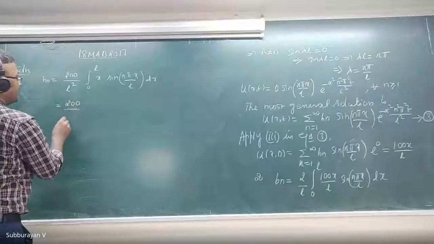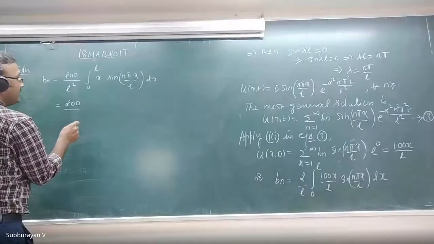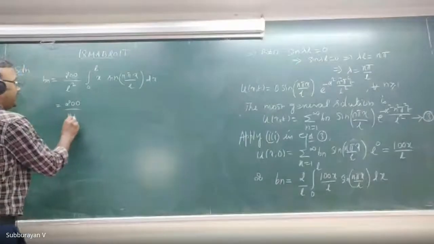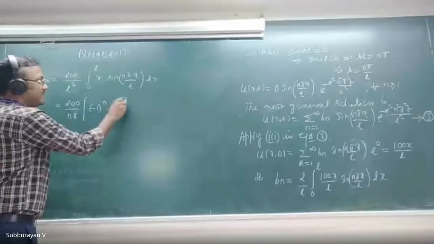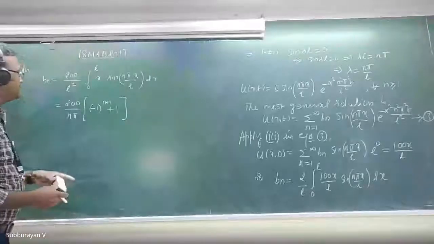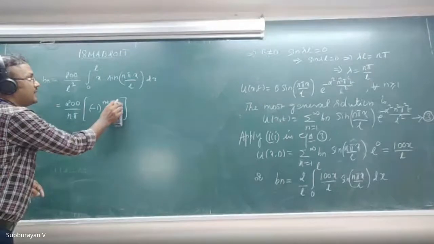Bn is 200 upon n pi into minus 1 raised to power n plus 1. Yes, this is right.